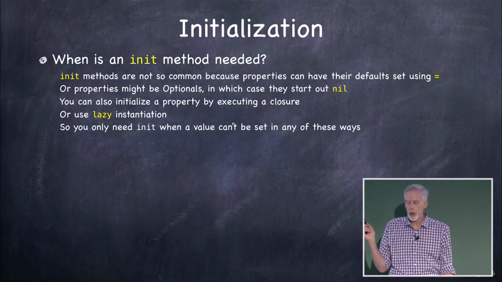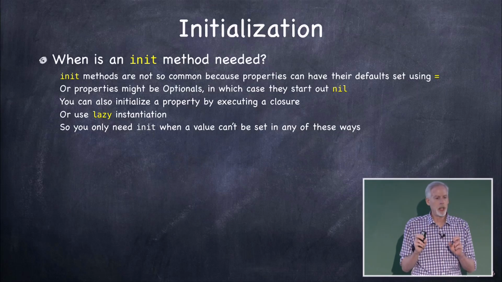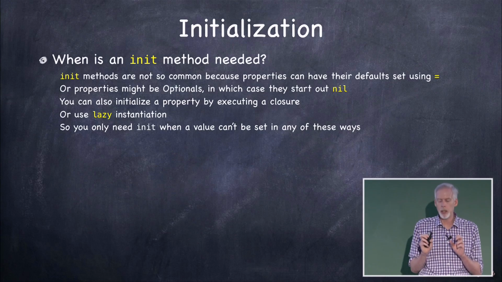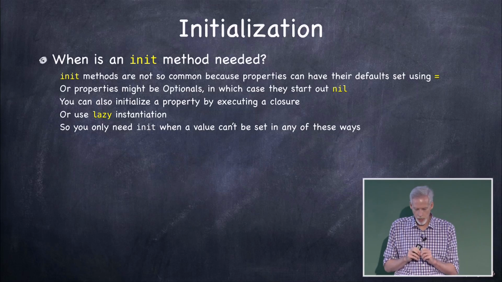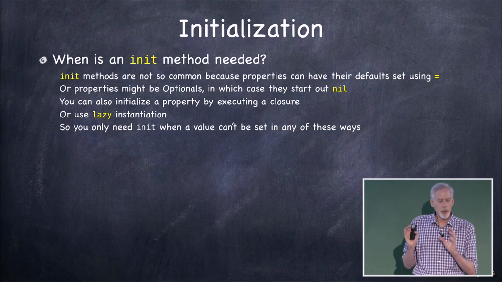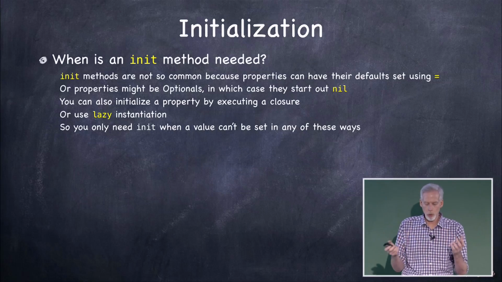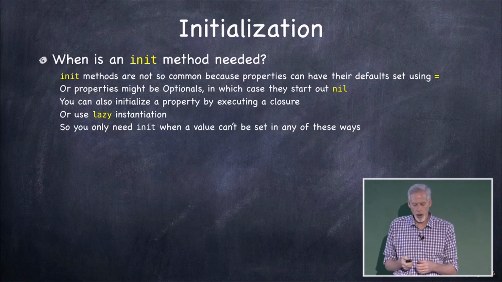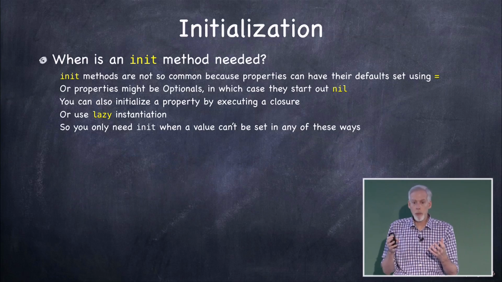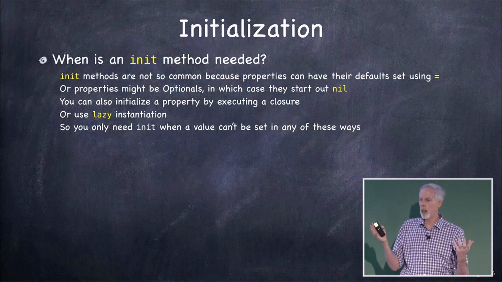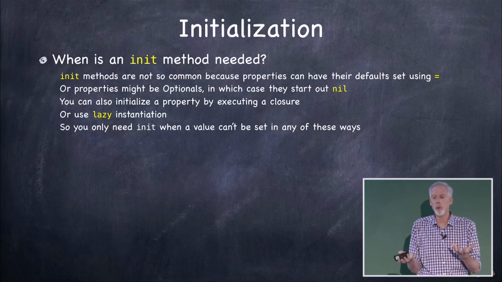Okay? So when is an init method needed? We're talking about initializing structs and classes. They're not needed that often because, of course, we can say equals something in the var. We could use those lazy instantiation things to get around it. Properties might be optionals, and they can just start off being not set. So there's a lot of reasons you don't need an init.